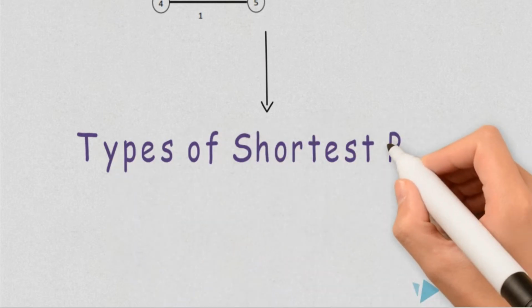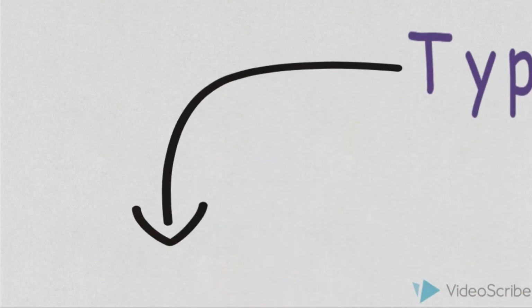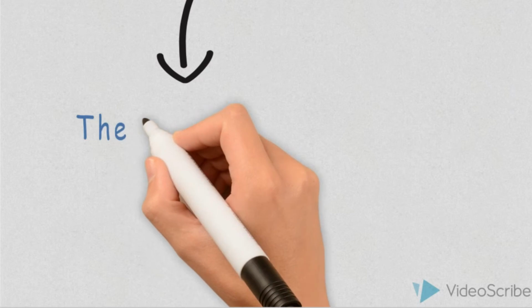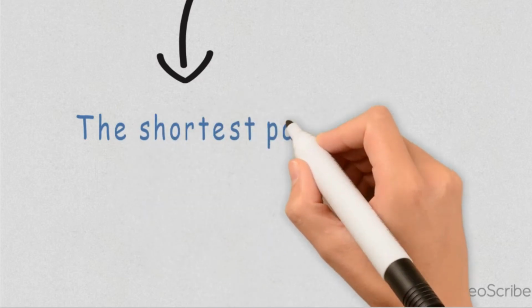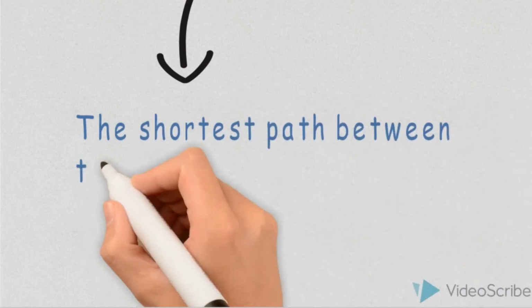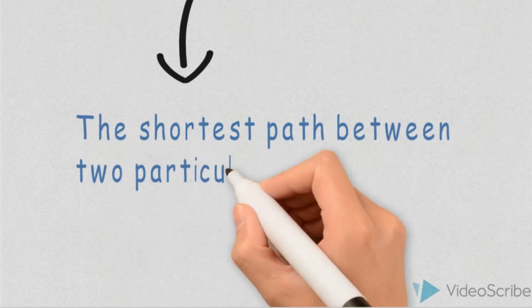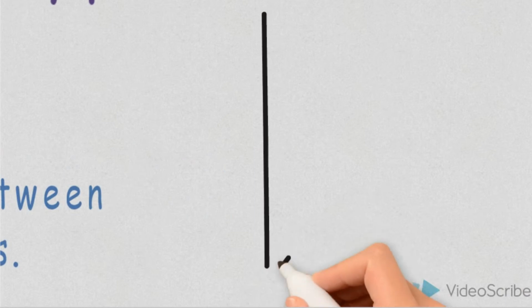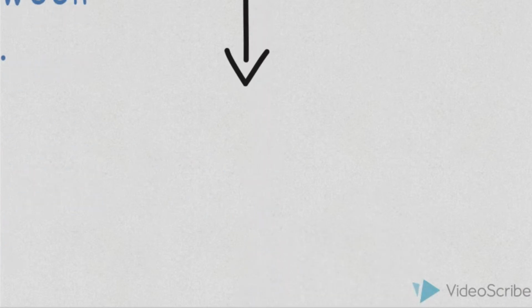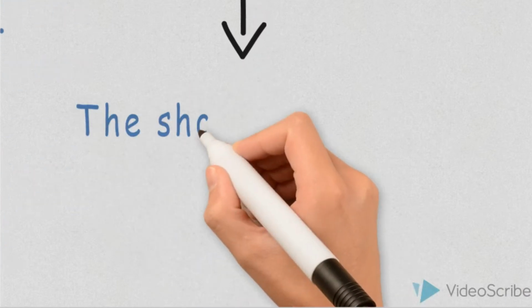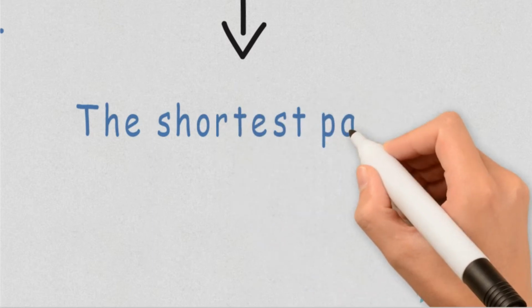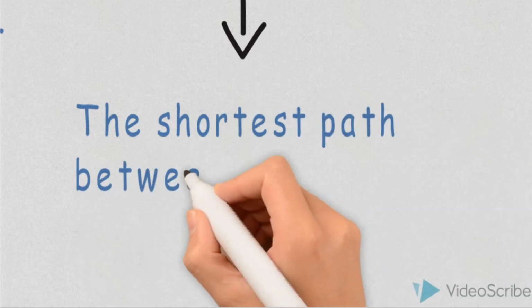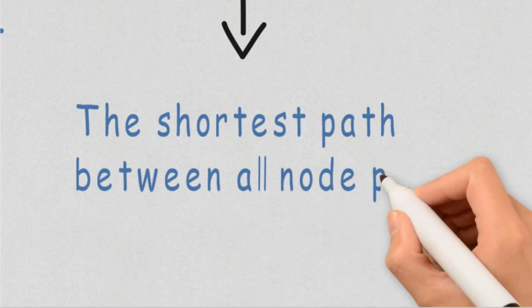Types of shortest path. Type 1 is the shortest path between two particular vertices. Type 2 is the shortest path between all node pairs.